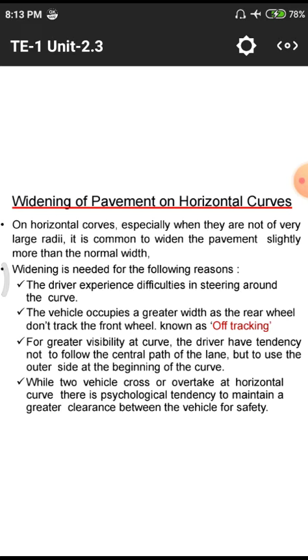The third point is the greater visibility of the curve. The driver has a tendency not to follow the central path of the lane, but to use the outer side at the beginning of the curve. This point explains the greater visibility. The vehicles coming in one lane, and we are going in another lane.